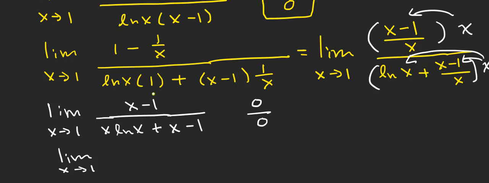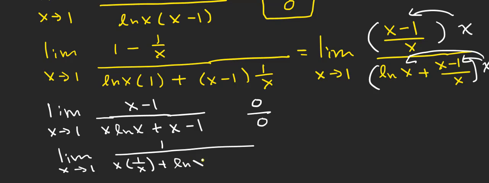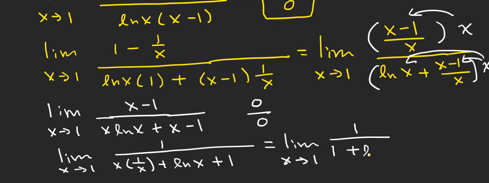So what's the derivative of x minus 1? That's 1. And here you have to use the product rule, x times 1 over x plus natural log of x plus 1, and then derivative of negative 1 is 0. So you end up getting limit as x approaches 1, 1 over 1 plus natural log of x plus 1.